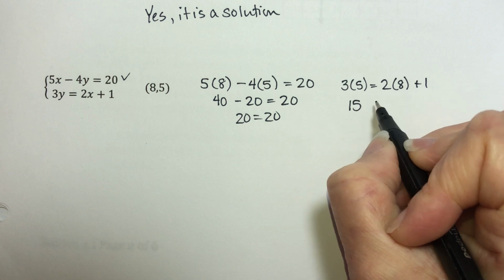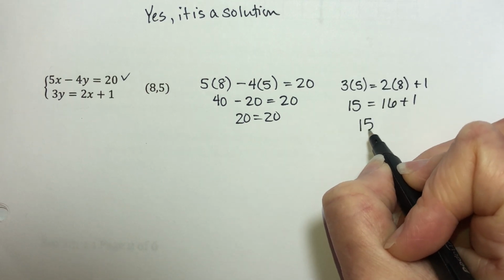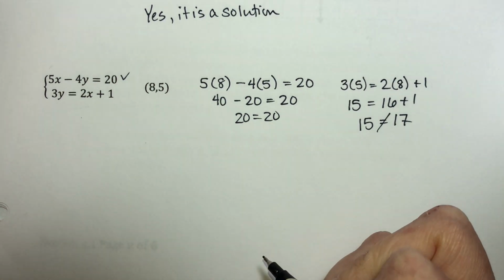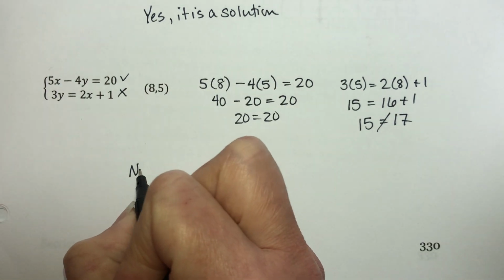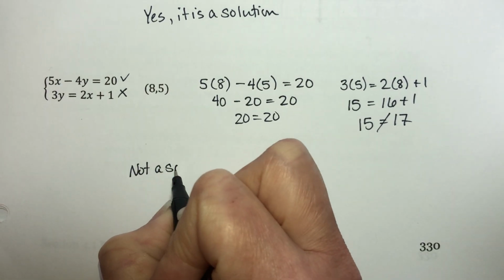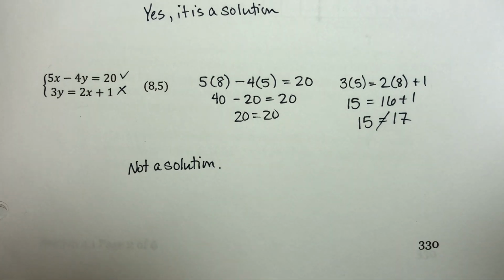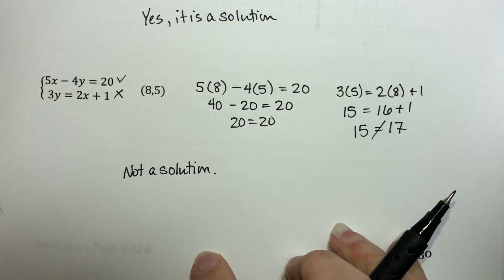This gives me 15 is equal to 16 plus 1, or 15 equals 17, which is definitely not true. So it worked here, did not work here, it's not a solution. Okay, so it has to work in both. This is how we would check.